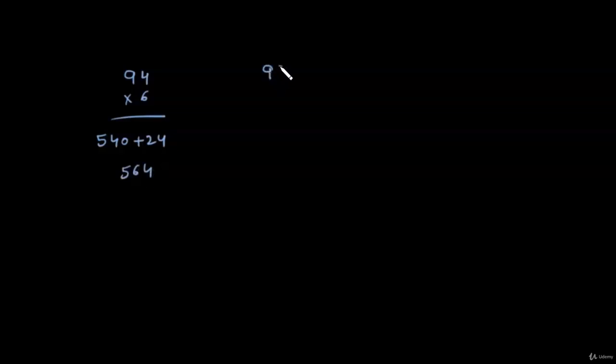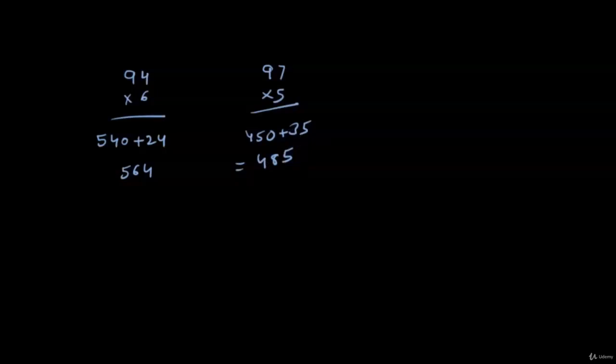And now consider 97 times 5. 5 times 9 is 45, but this is 90, so 450. Plus 5 times 7 is 35, so 485. This is the answer. So now difficult tables have become easy for us.